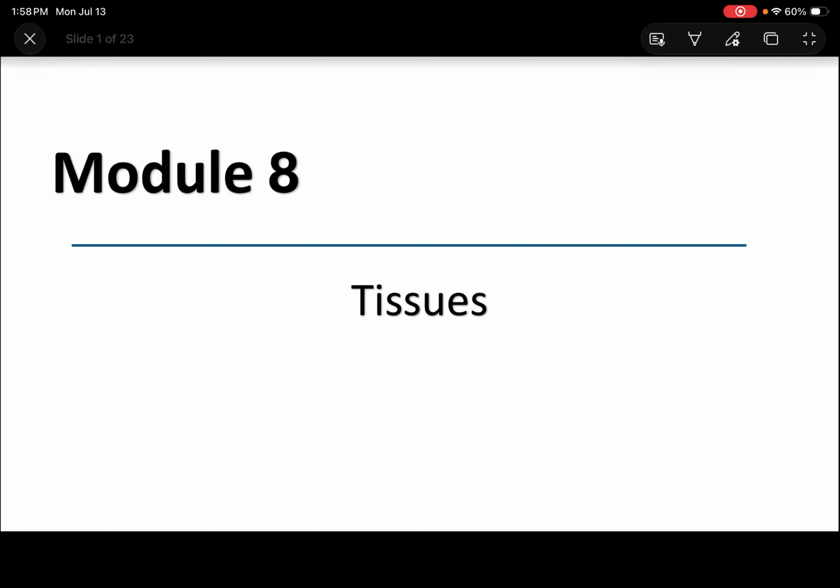Because this is a human biology class and because we are studying humans, which are multicellular organisms made up of tissues and organs, I think it's really important that you understand the basics of what tissues are made out of. If you remember our hierarchy at the very beginning, we had atoms make elements, which make molecules, which make macromolecules, which go into cells.